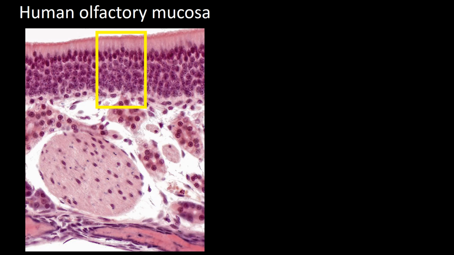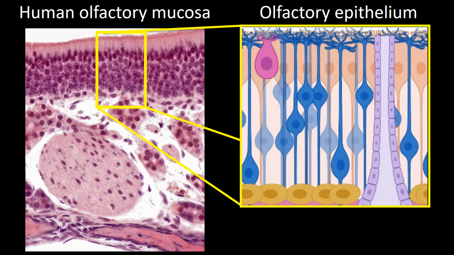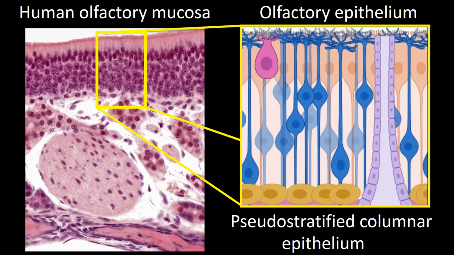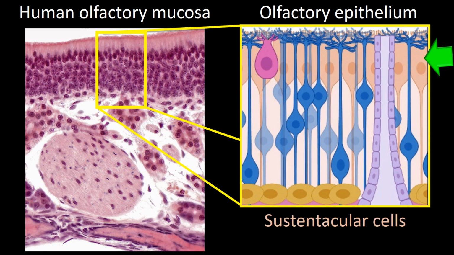I will first concentrate on this area that I have now illustrated. The olfactory epithelium is classified as a pseudostratified columnar epithelium. In the illustration, the pale cream-colored cells drawn in the background forming a row are called sustentacular cells.